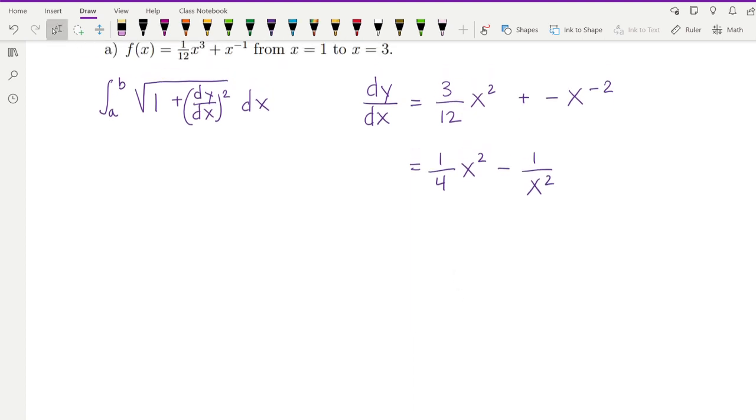Okay, so now we have to take this and actually square it, right? So that's one additional step: in this formula, we don't just have dy dx, we have dy dx squared. So if we take this and square it, we have 1/4 x squared minus 1 over x squared times itself.